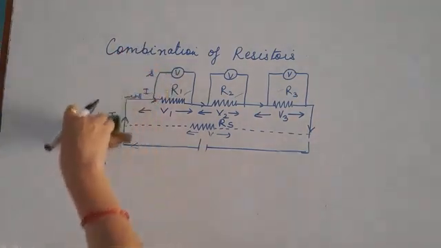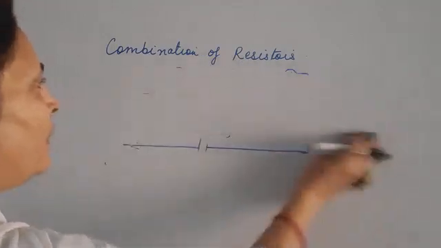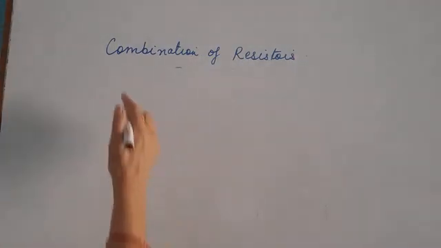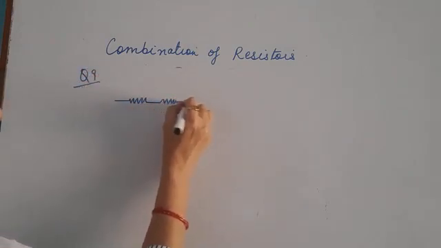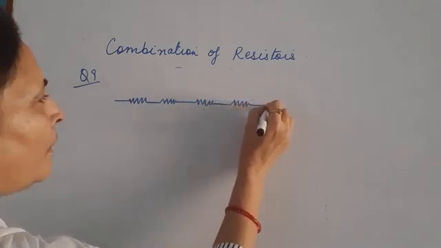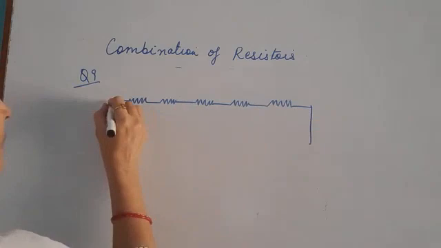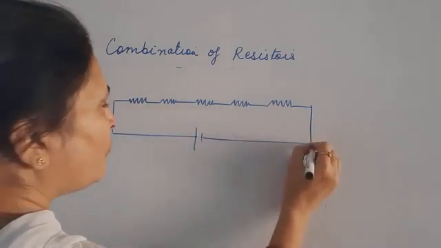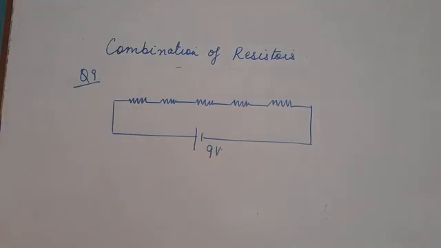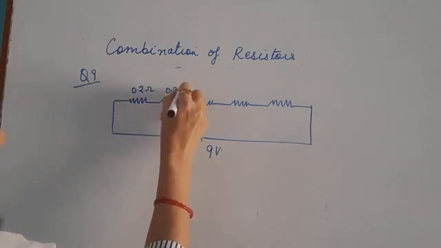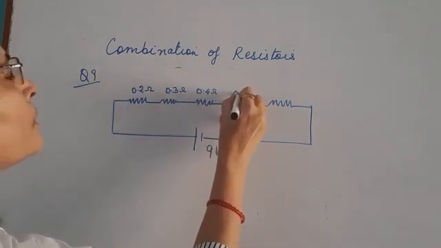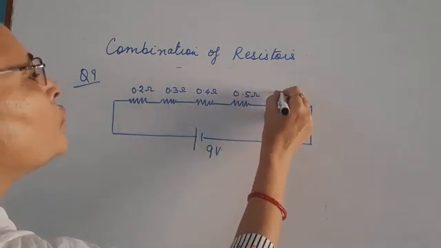It says that there are 5 resistances connected in series, and this is connected across a potential difference of 9 volts. The values of the resistors are 0.2 ohm, 0.3 ohm, 0.4 ohm, 0.5 ohm and 12 ohms.